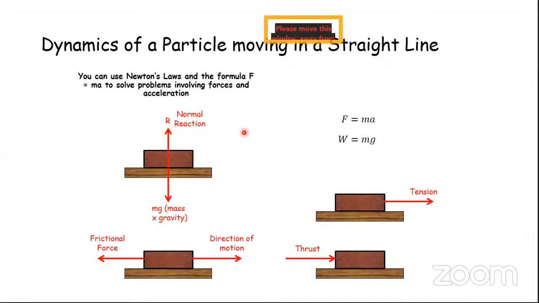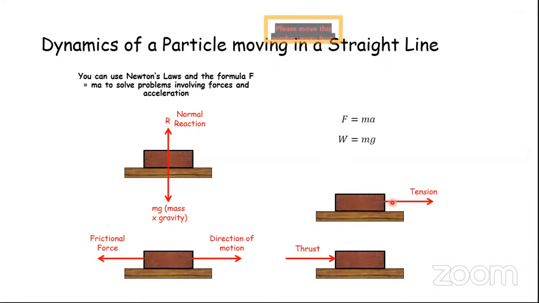So here we have a summary of what we have gone through. In the first diagram, we have normal reaction R, that is equal to mg, which is mass times gravity. In the second one, we have direction of motion, and then a frictional force that acts in the opposite direction.